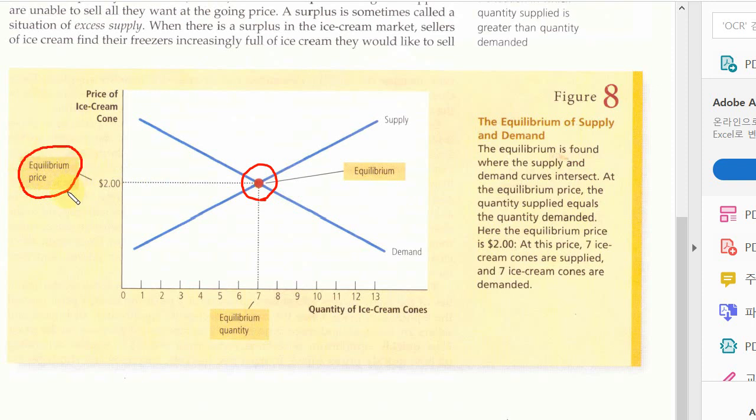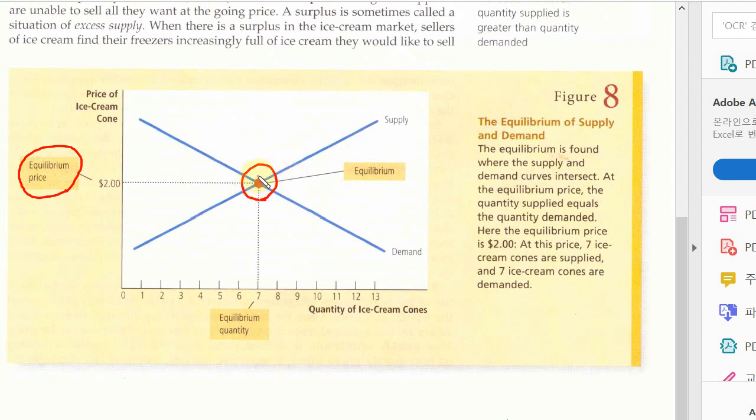When demand and supply meet, the equilibrium price is established, at just the spot where demand and supply meet together.